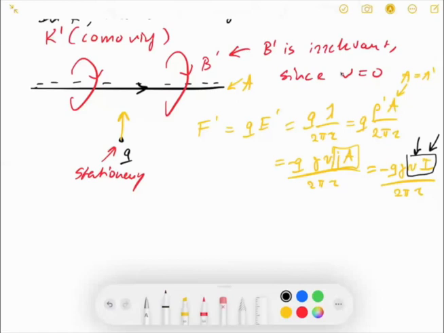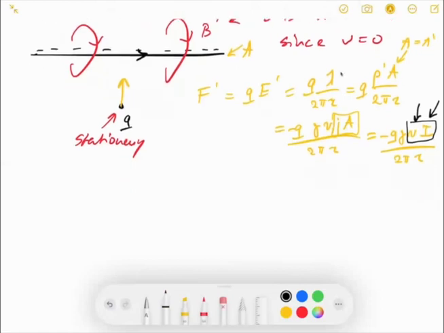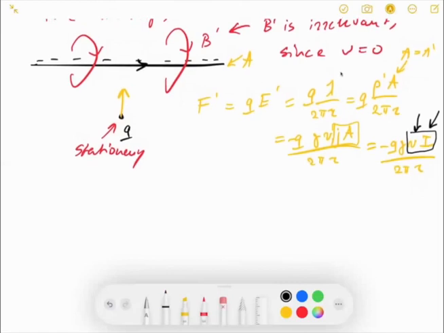So this already gives us the important parts of the Lorentz force.